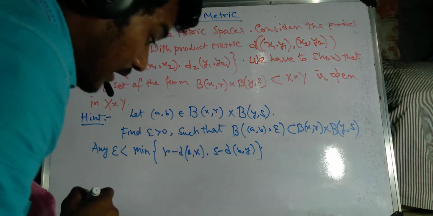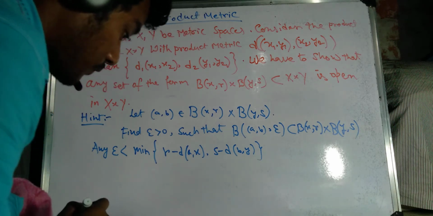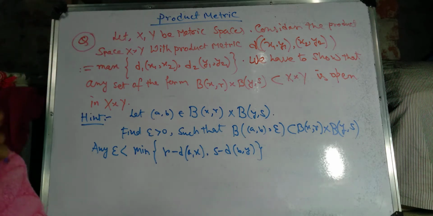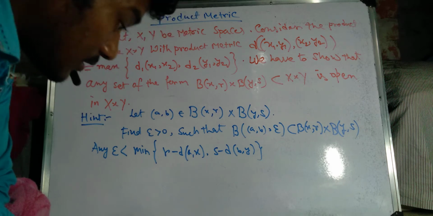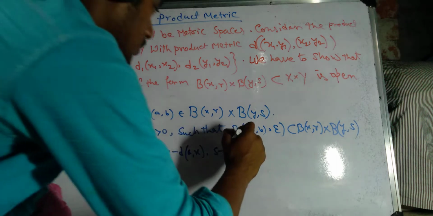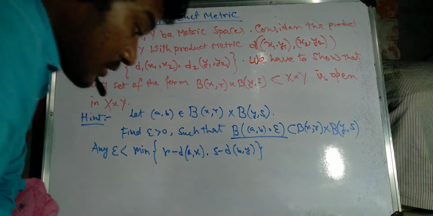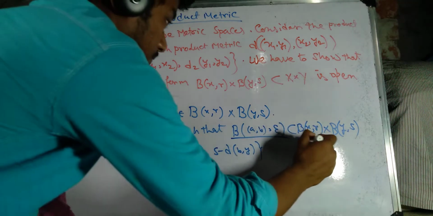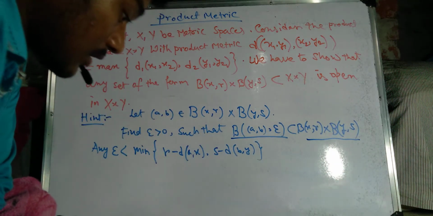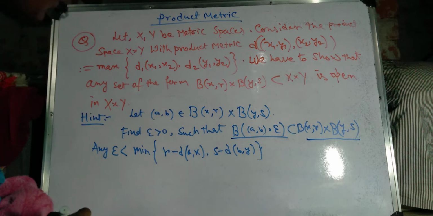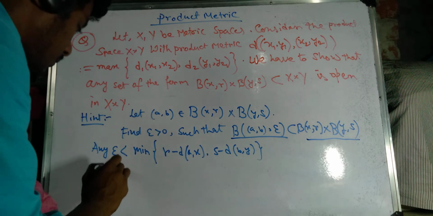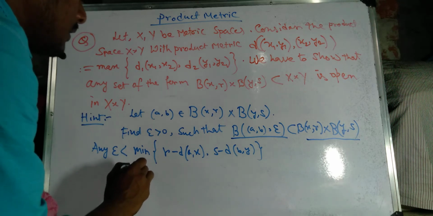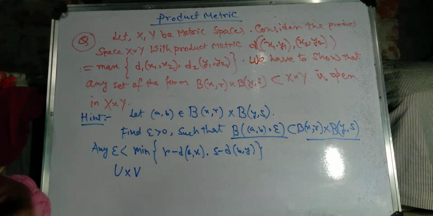And we have to show that this holds for any such epsilon. Obviously then we prove that U cross V is open in X cross Y, but here this one is not related.